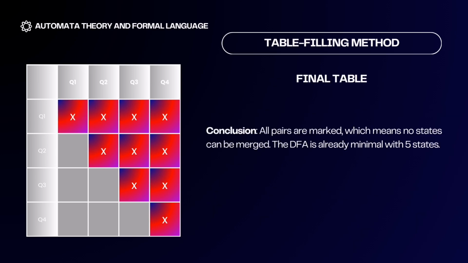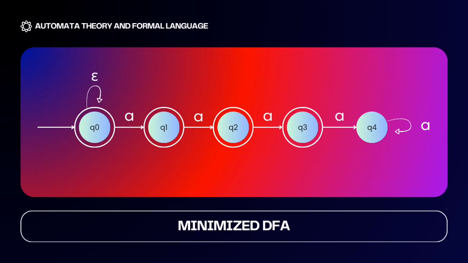So the final table, as we can see, all pairs are marked, which means no state can be merged. So the DFA is already minimal with 5 states. So let's take a look at our minimized DFA. There are no changes from before.